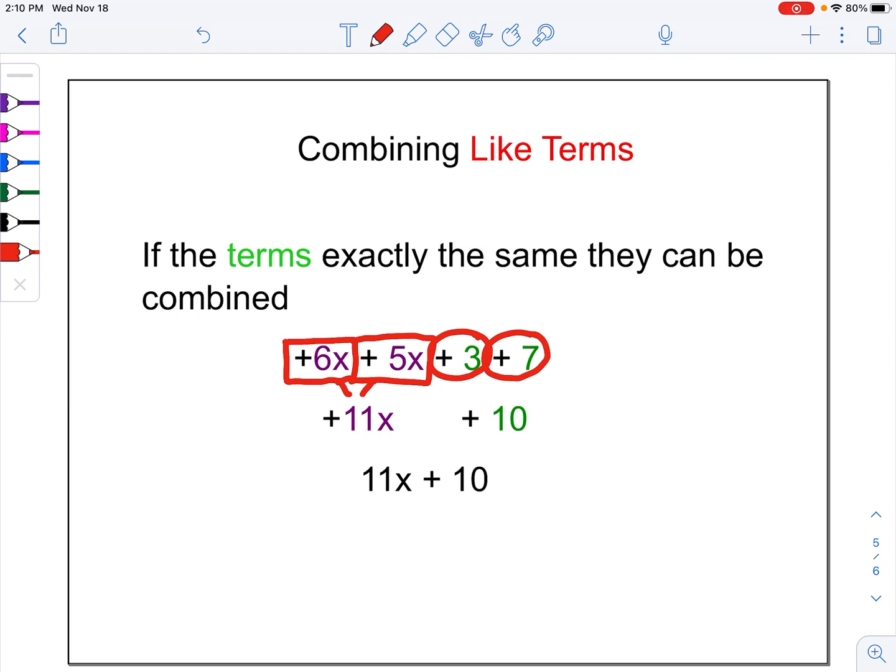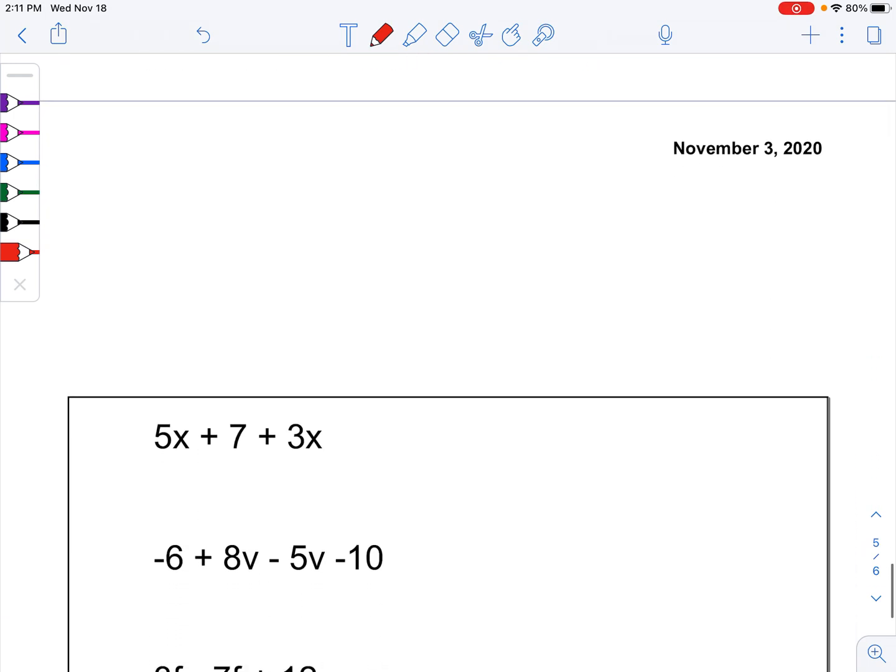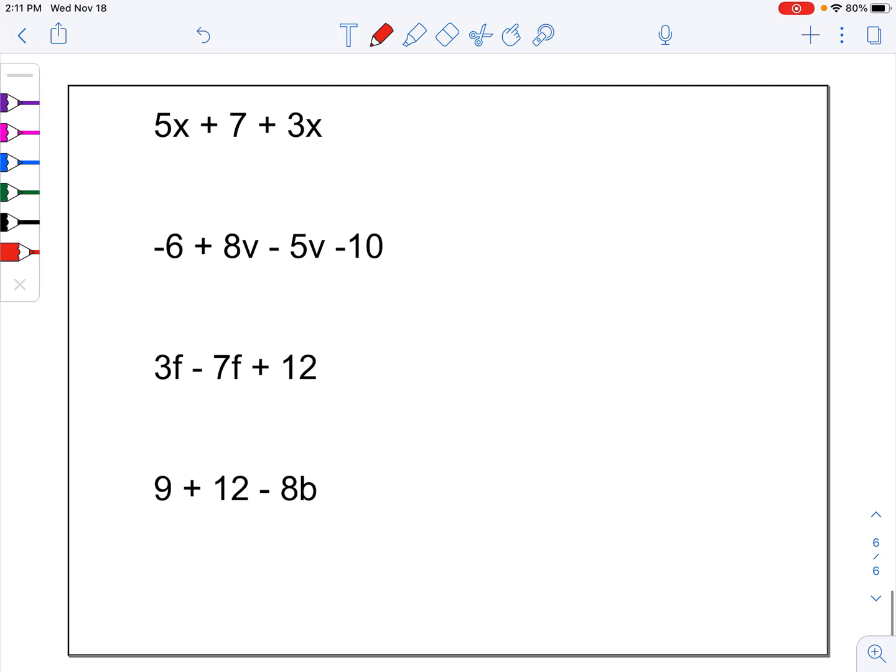So 11x plus 10 is the same thing as this. So if I told you that x was worth 8 points, or worth 8, wouldn't you rather put it here 1 time than up here 2 times? So you're just sort of simplifying it down so it's more manageable to work with. So let's just take a look at some of these.